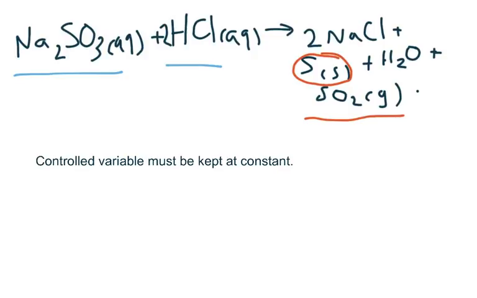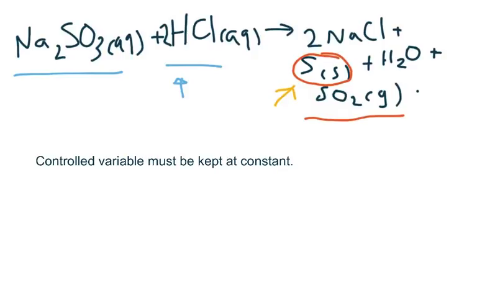For example, we can bring different values of concentration of hydrochloric acid. Now that would be an independent variable because we chose it. We set it, okay? We chose different things, and that is the independent variable. Probably we are studying the effect of HCl concentration on the rate of forming solid sulfur.